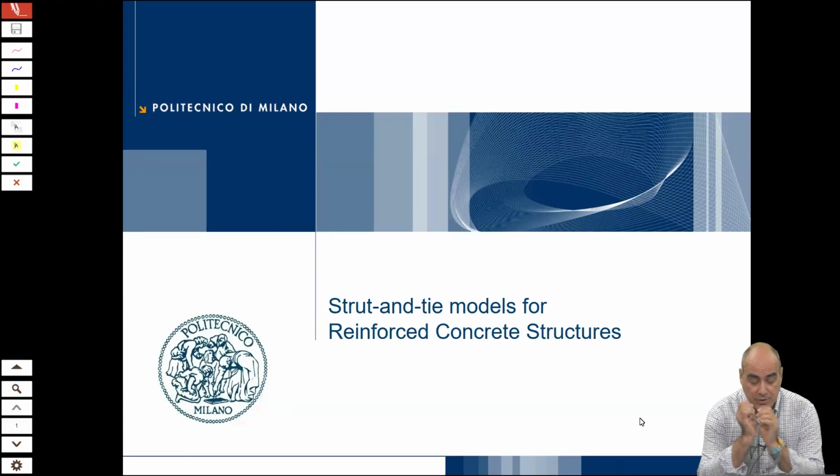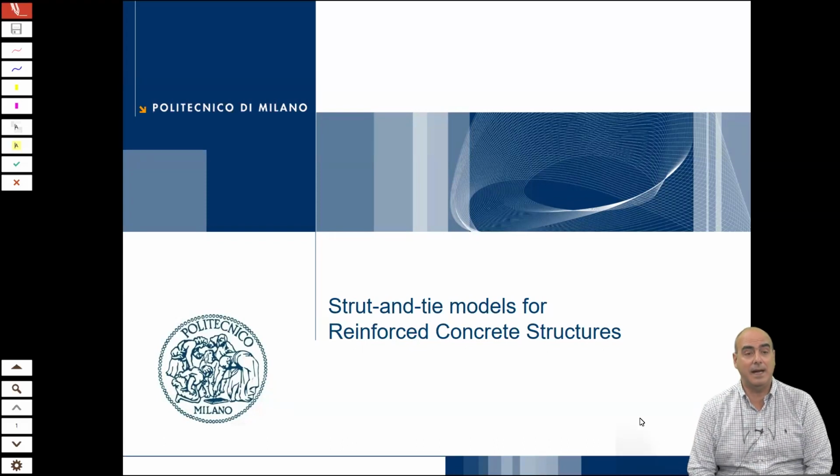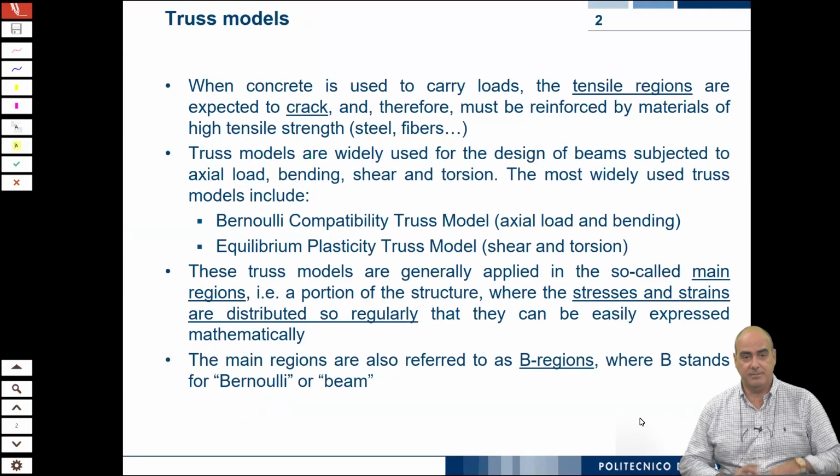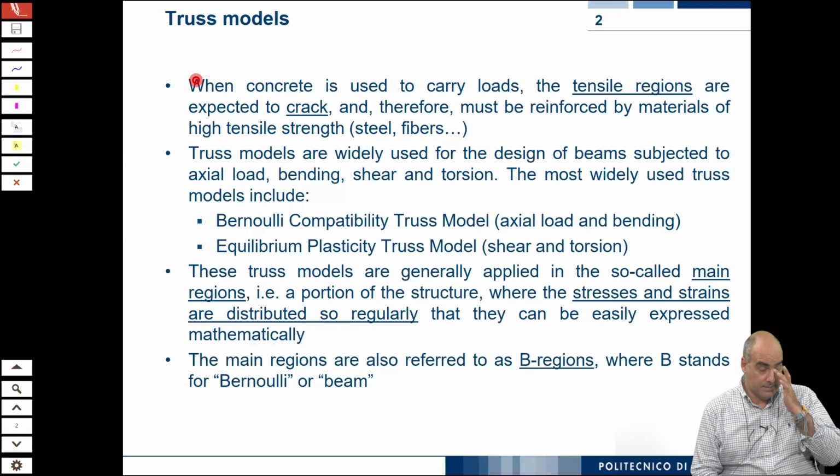Today, we will focus on the strut and tie models for the design of reinforced concrete structures. Let's try to frame the problem. We know that concrete has a good compressive strength, whereas it does not have good tensile strength capacity.